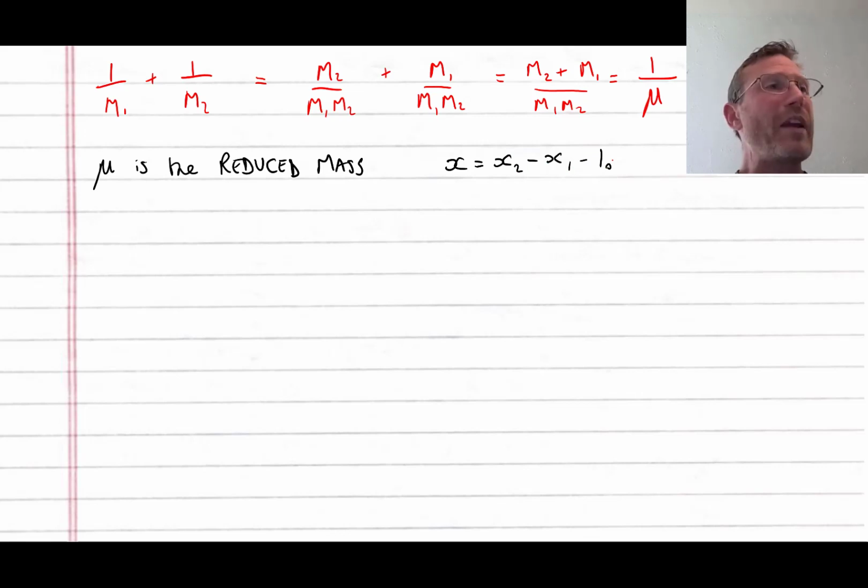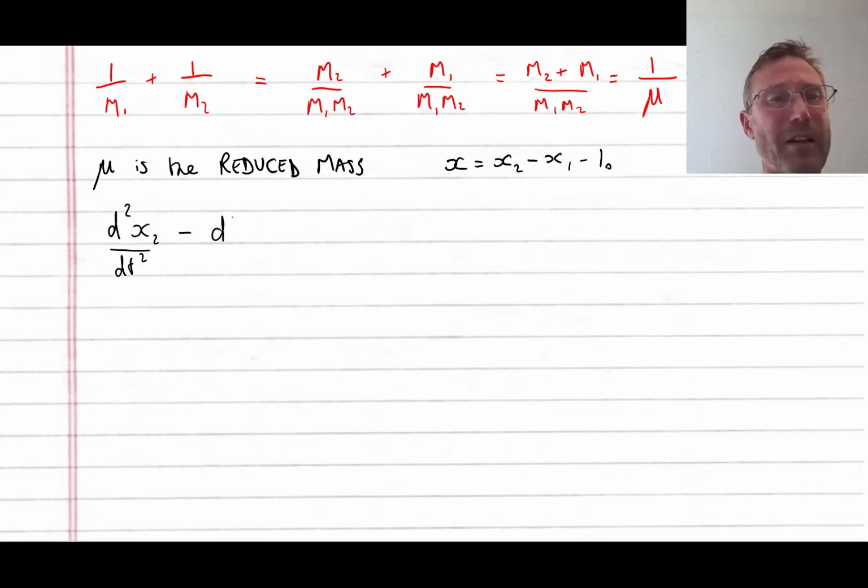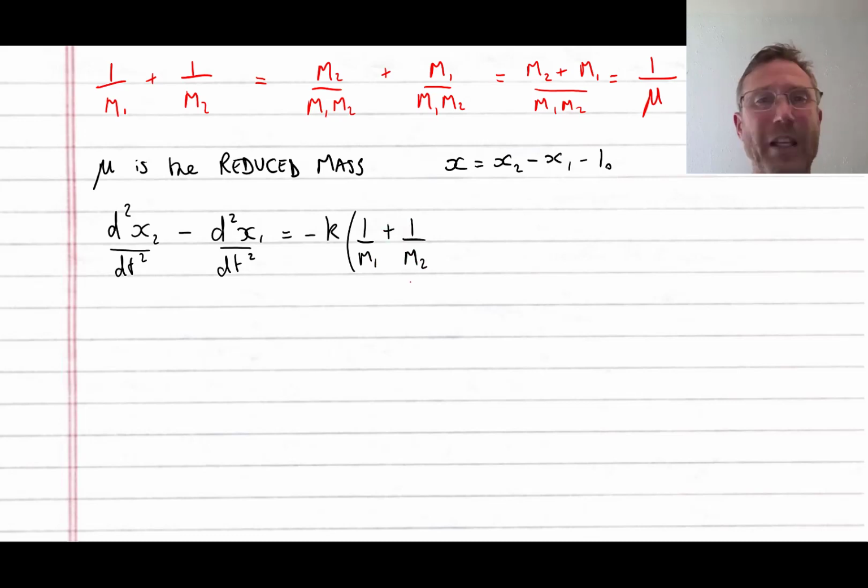So where were we before? Let's write down the equation that we had from the previous slide. We remember we had d squared x2 by dt squared minus d squared x1 over dt squared, and that was equal to minus k times 1 over m1 plus 1 over m2, and of course now we can replace that.